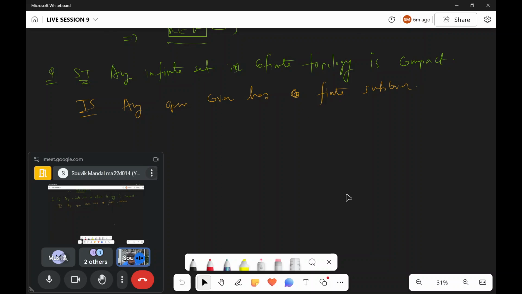So anybody please tell what will be the argument? Anybody please? You might have remembered that we have solved this problem previously also, but that was not in a general setting.